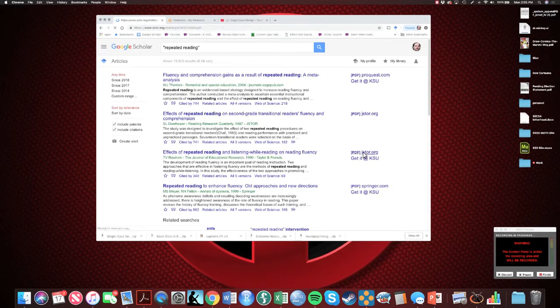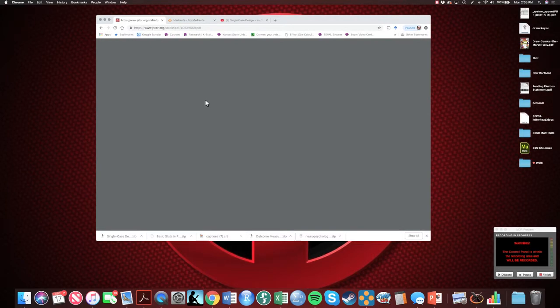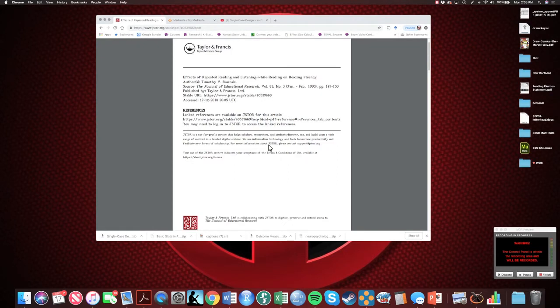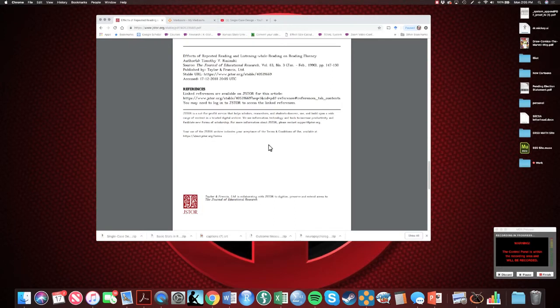I'll pick one of these that has a PDF with it. This is effects of repeated reading and listening while reading on reading fluency.